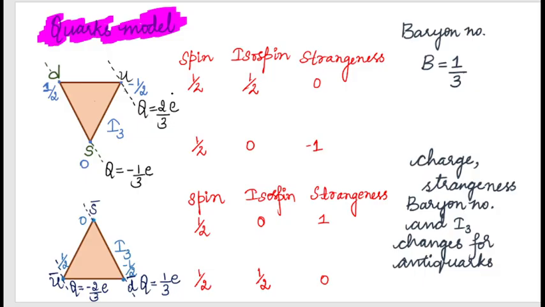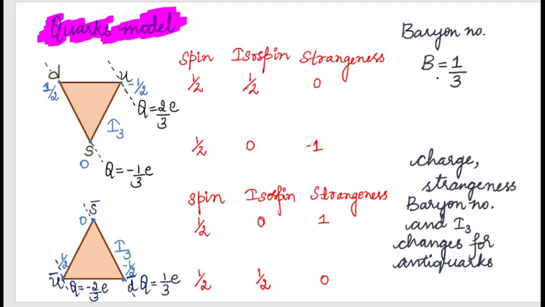Down quark and strange quark have a charge q equal to minus 1 by 3 times e, and the spin is half. Isospin for up and down is 1 by 2, and for strange quark it is 0. Strangeness for up and down is 0, and for strange quark it is minus 1. It has the baryon number B, which is equal to 1 by 3.